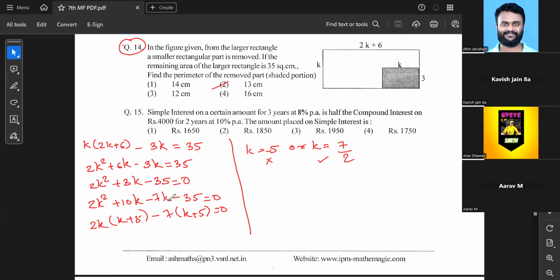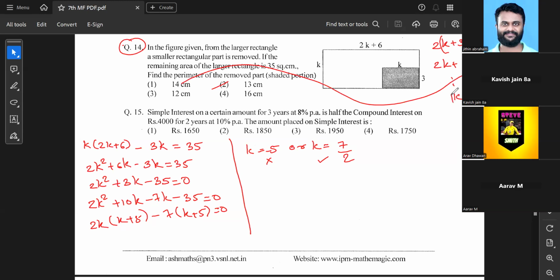Another method to find is trial and error. So using trial and error, how can you find? The removed part's perimeter is basically 2 times k plus 3, equal to some value. I don't know what value, I'll just consider it as some value. So 2k plus 6 is equal to that perimeter. What you'll do is first substitute a value for the perimeter and find the value of k.